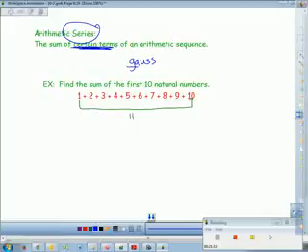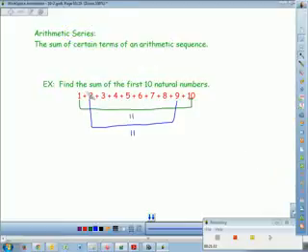Here's what Mr. Gauss noticed. When you have a listing of numbers in an arithmetic sequence, if you add the first term and the last term together, this is just the first 10 natural numbers, what do they add up to be? 11. Then he noticed this. If you take this term and that term and add them up, how much? 11.